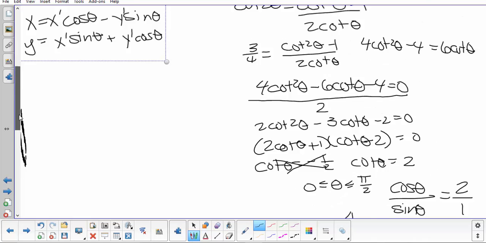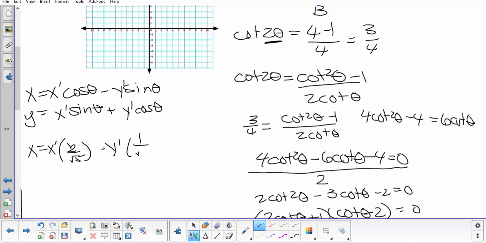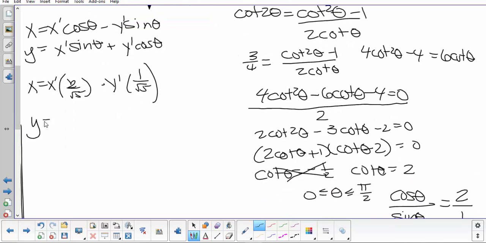Remember, our cosine was 2 over root 5. So x equals x prime times 2 over root 5 minus y prime times 1 over root 5. And y equals x prime times 1 over root 5 plus y prime times 2 over root 5.